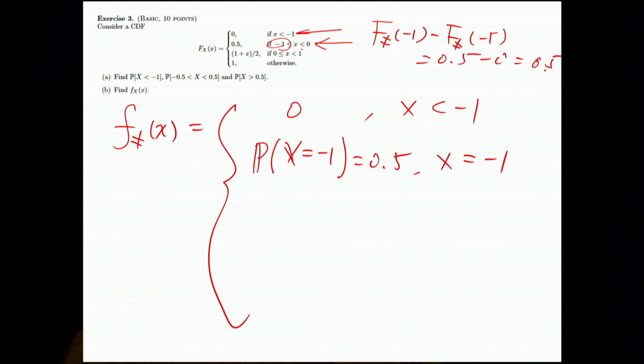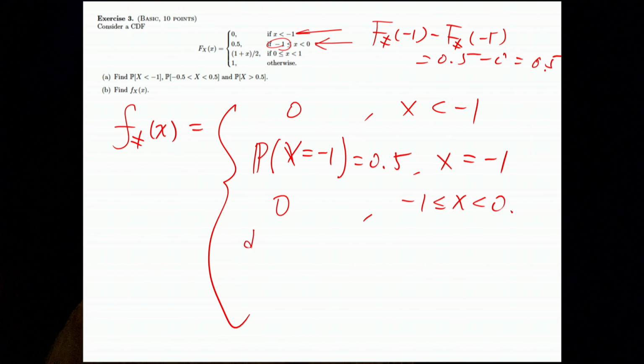And from minus 1 to 0 is still 0. For the boundary 0 here, nothing happened because it's connected. Because if I have a 0 here, it's still 0.5. So it's not disrupted.